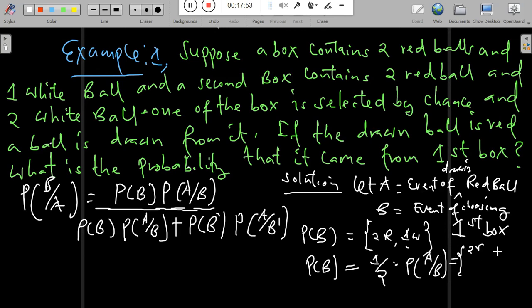So this is to say that in the first box we had two red and one white ball, as you observe. And from the second box we had two red balls and two white balls. So when you remove one red ball, we remain with 1 over 2.